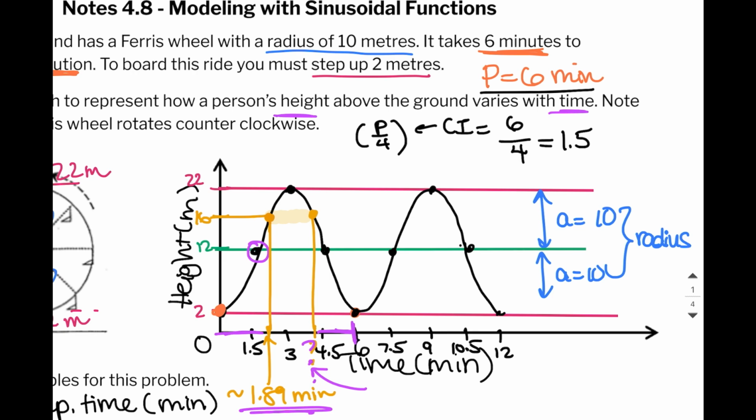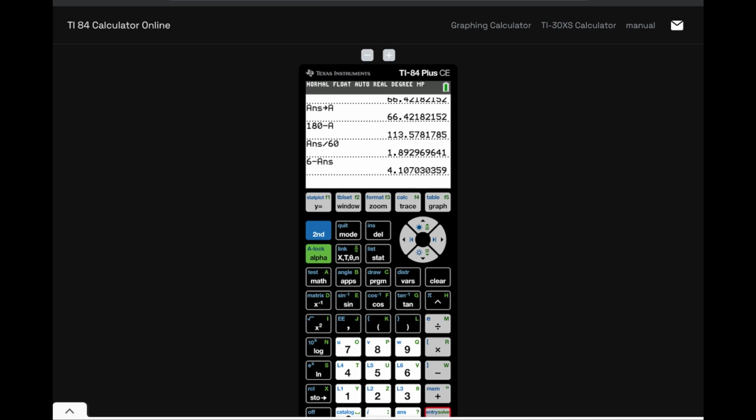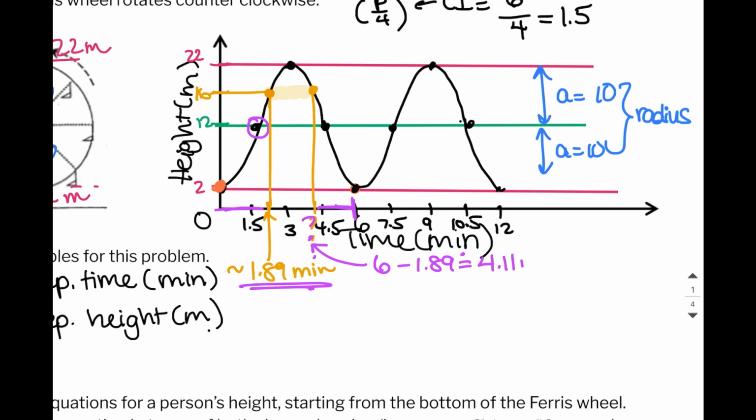So we could just say this is 6 minus 1.89 minutes, which I'll type into my calculator: 6 minus, and then second answer, because that's going to give me my answer right here. So this is going to be approximately 4.11 minutes. Okay, hopefully that makes sense. That's one way you can figure it out.